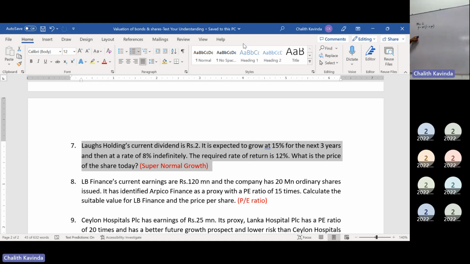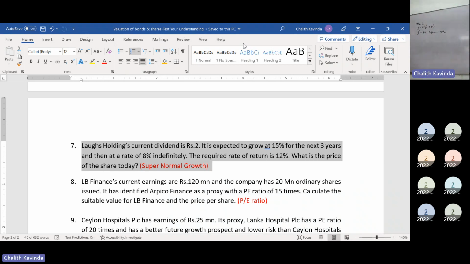And thereafter, the dividend will be increased at a rate of 8% till infinity. So the second growth rate is 8% after year 3 till infinity.